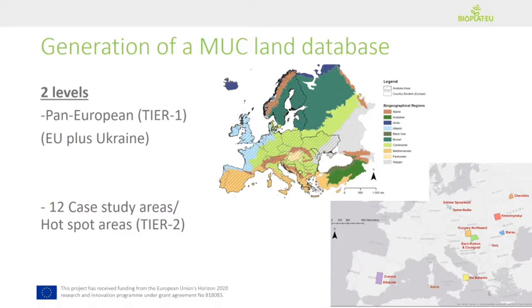We selected 12 case study areas, with the countries already shown by Cosette. So we have 2 in Spain, 2 in Italy, 2 in Hungary, 2 in Romania, 2 in Ukraine, and 2 in Germany, as you can see from the map here.